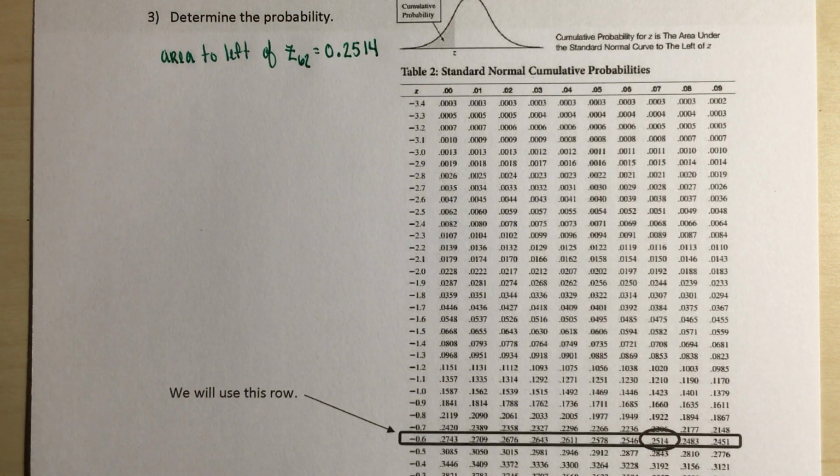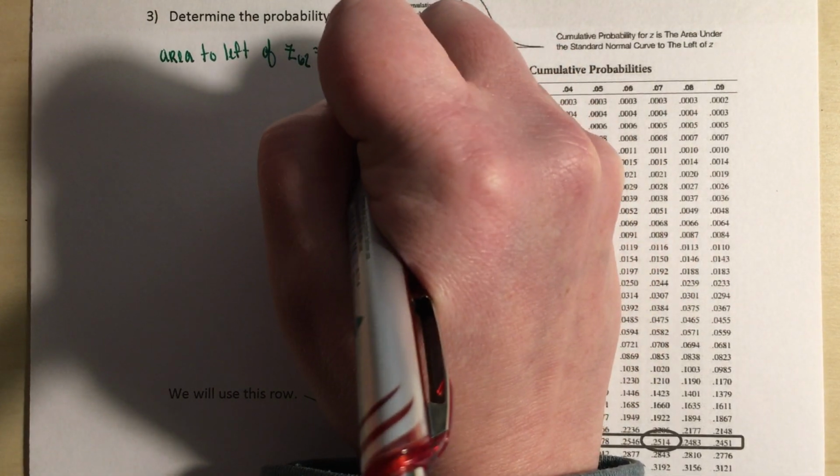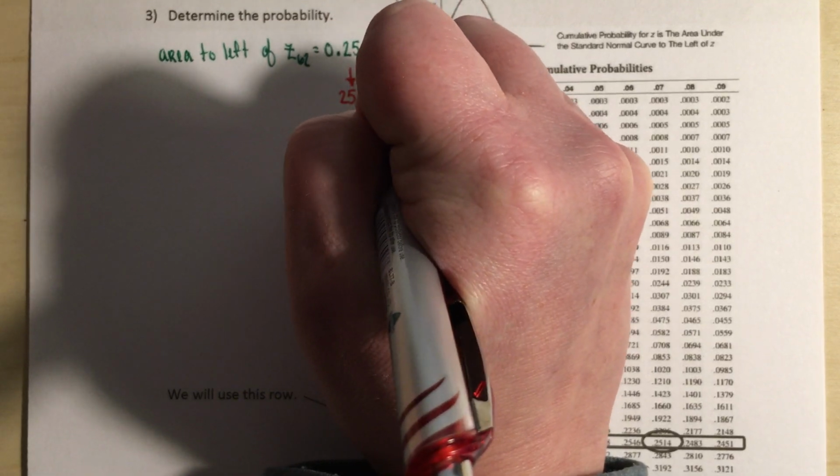Since we are finding a less than probability, our area to the left is going to give us our less than probability. So we're going to say that this is going to be close to 25%.